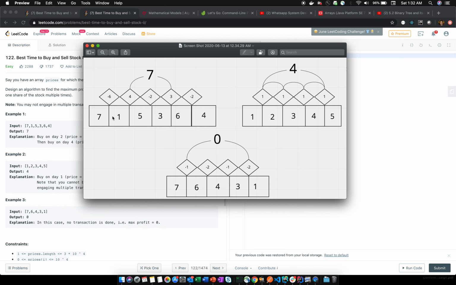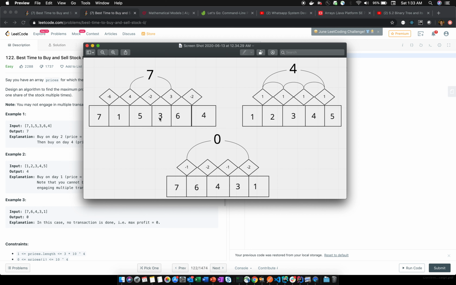If you compare the first index and the zeroth index, there is a price reduction, so there is a negative. 1 minus 7 is equal to minus 6, so the price got reduced, so it's a good sign for buying. Similarly, between this and this there is an increase of the price, a difference of 4, so it's a sign of selling it.